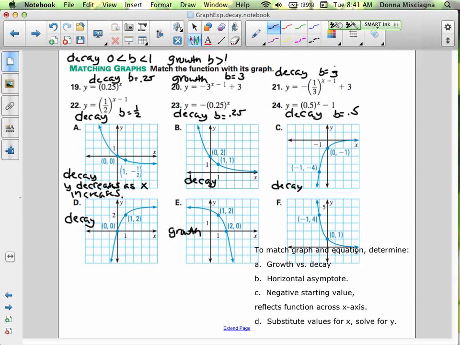And then the last one here? Decay. So when you're negative, here notice our y values are increasing in the negative direction. It's moving away from the asymptote. So another way to think of it is graph moves away from the asymptote.